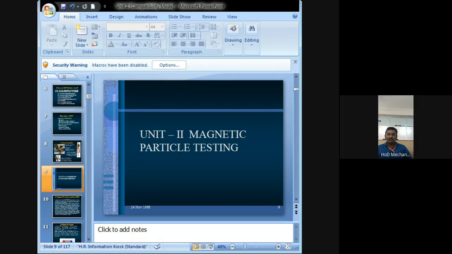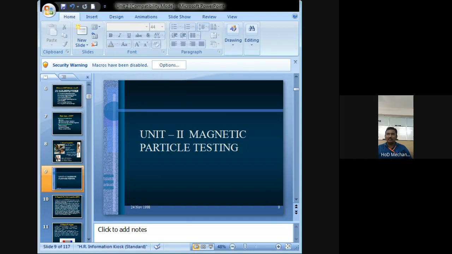Two types of magnetic particle testing are available. One is the dry particle technique and another one is the wet fluorescence technique. And also the unit will cover demagnetization.